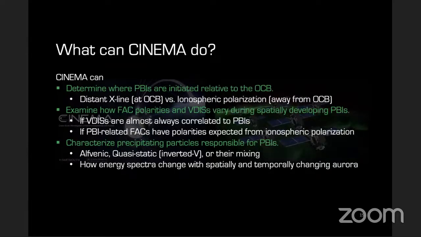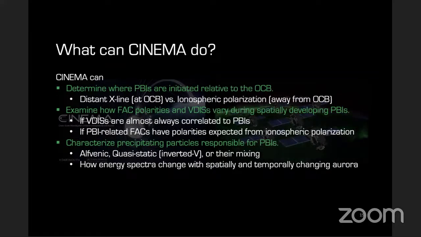And also, as CINEMA has a multiple satellite constellation, it can examine how field-aligned current and flow structures change during spatially and temporally developing PBIs. Finally, CINEMA can determine what precipitating particles cause what type of meso-scale auroras.